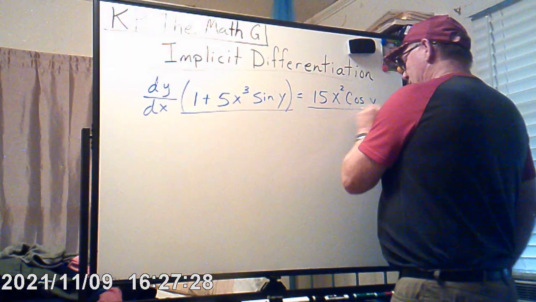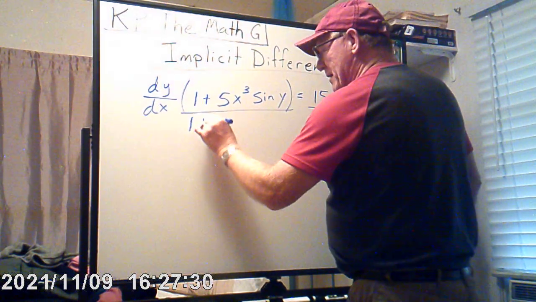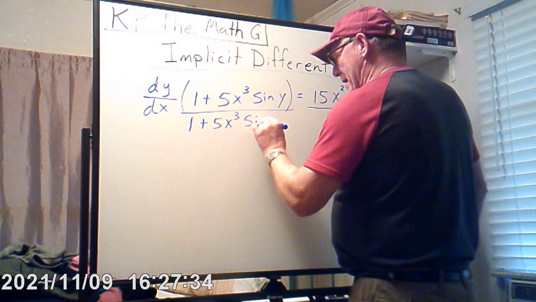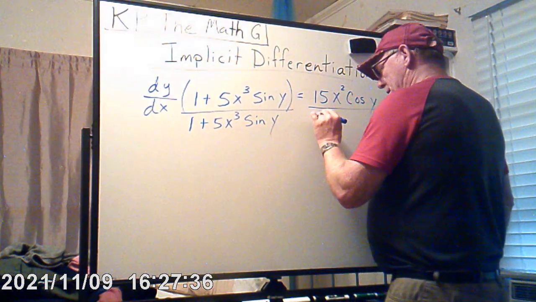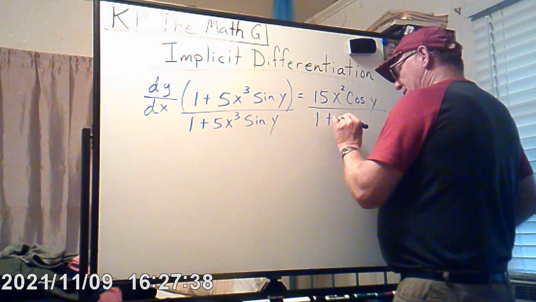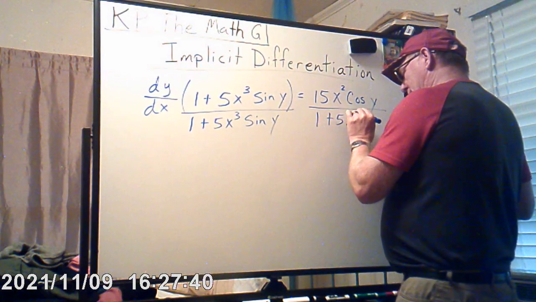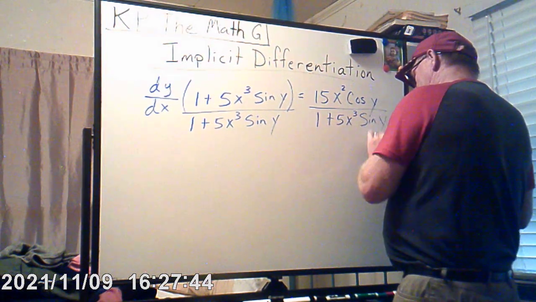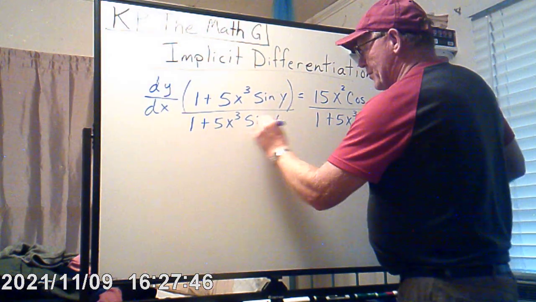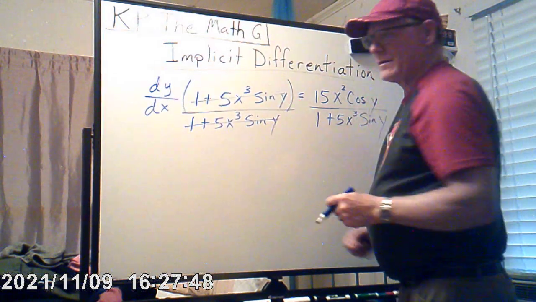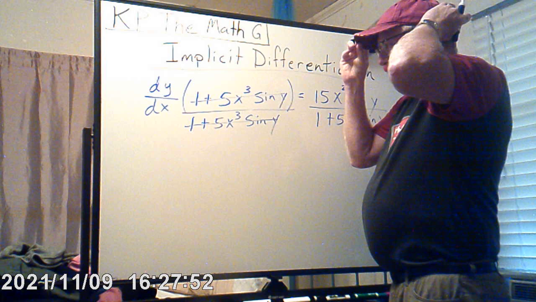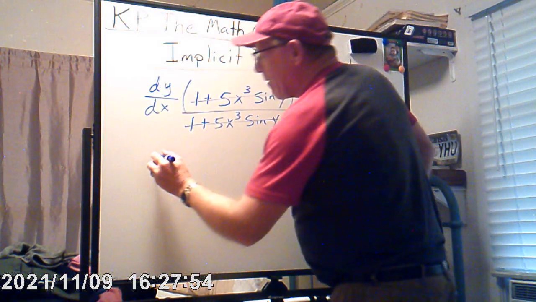We're going to divide both sides by 1 plus 5x cubed sine y. And once we knock that out, we have dy over dx.